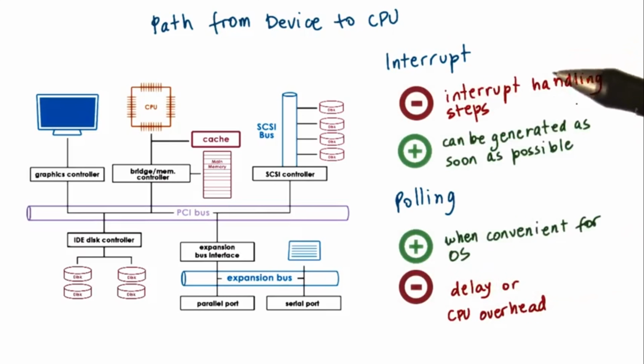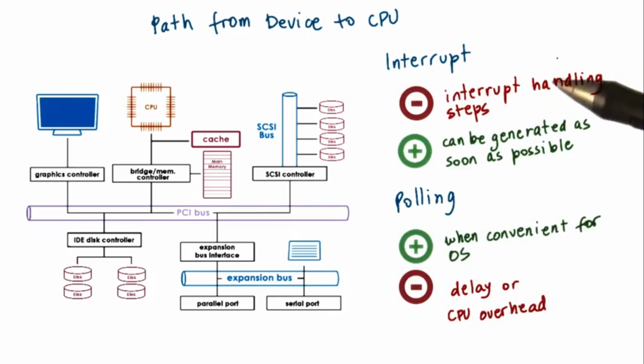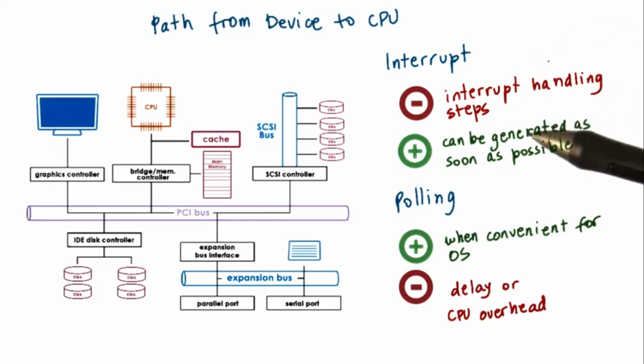With interrupts, the problem is due to the handling of the interrupt routine, the interrupt handler. There are the actual steps involved in the handling of the interrupt routine, certain operations like setting and resetting the interrupt mask, depending on what kinds of interrupts are allowed to interrupt the interrupt handling routine or not, and also some indirect effects due to cache pollution related to the execution of this handler.